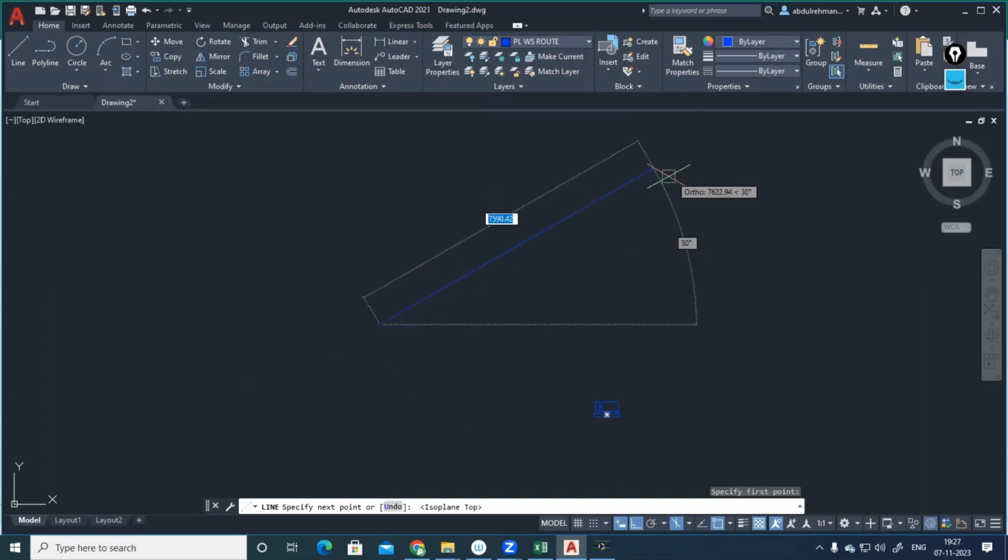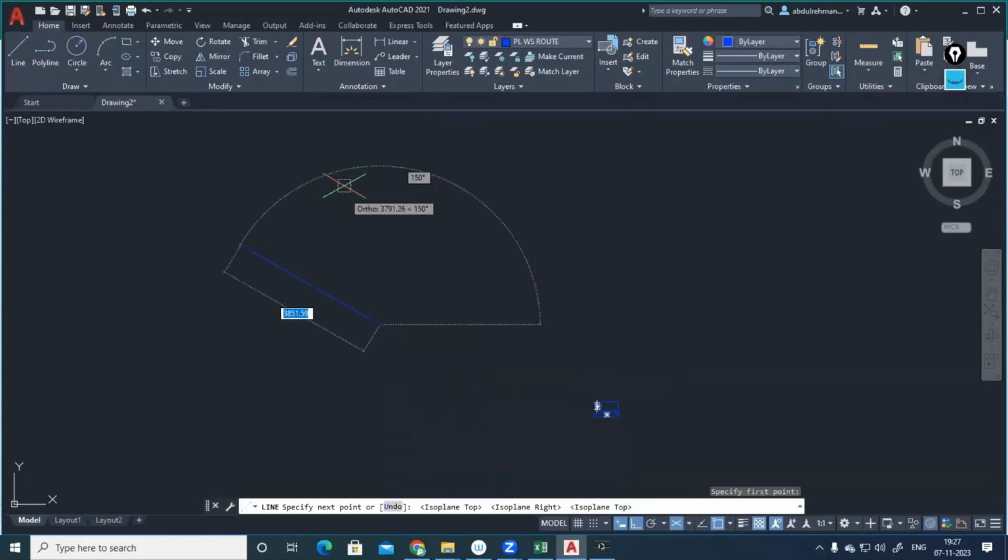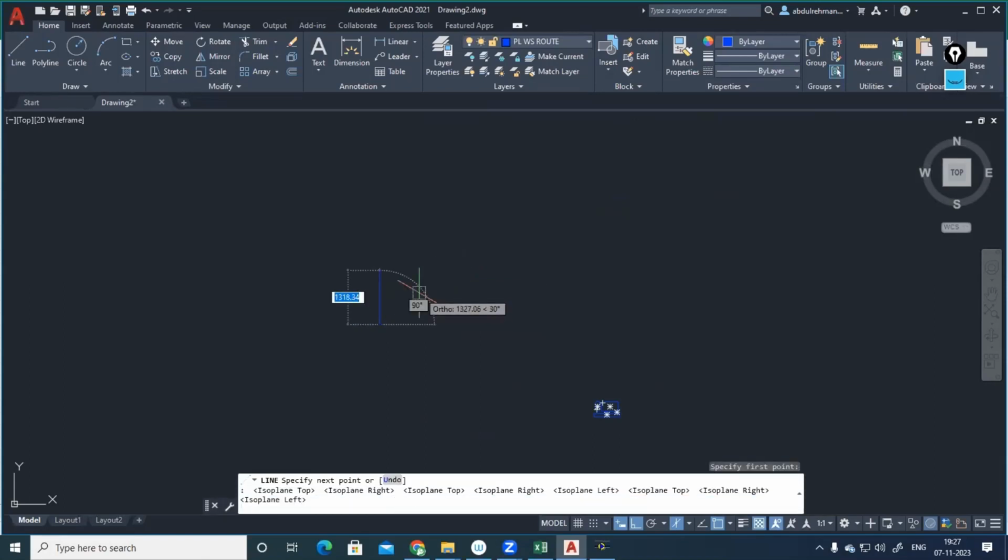When you select F5, the mouse pointer goes this way. Upside and downside is restricted. Again, F5 you can activate, then it is going up and down this way. But here also you can change the isometric screen: ISO plane left, ISO plane top. But F5 is the easy key.